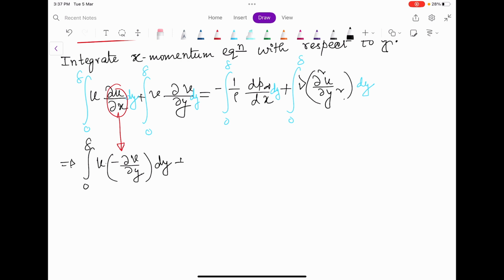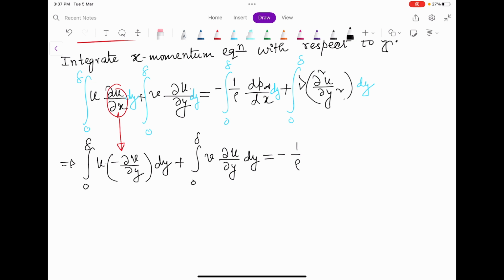These steps will demand a rigorous algebra analysis, and this is nothing but del del y of v square by 2. Okay, so I have made a mistake, this will be here. I'm sorry. So here it will be the same, I'm not changing this. So minus 1 by rho.